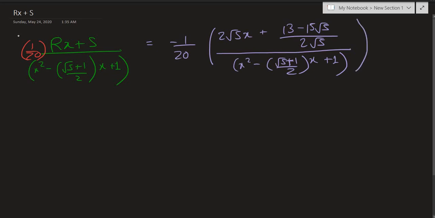And since we obtained everything, let's integrate both sides with respect to x.